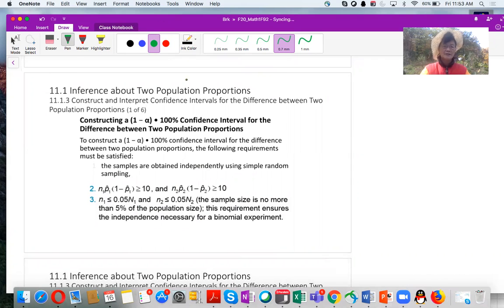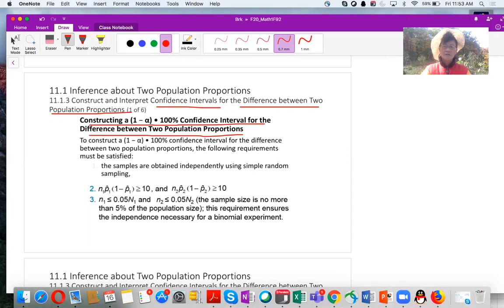This method is called the confidence interval for the difference between two population proportions. So what do we want? We want to construct a (1 minus alpha) times 100% confidence interval for the difference between two population proportions.